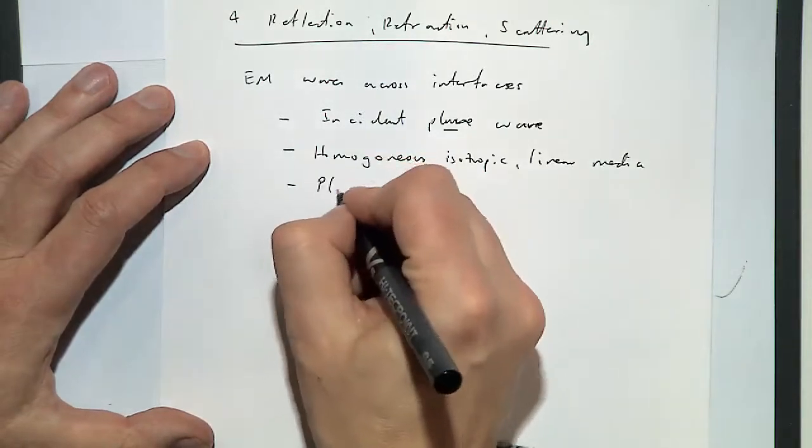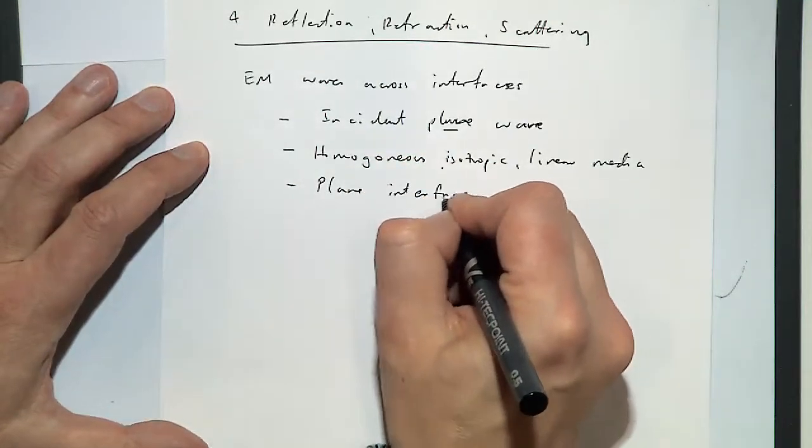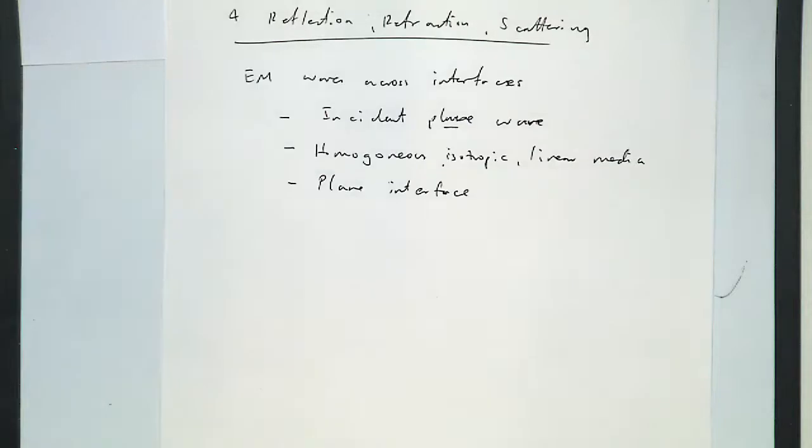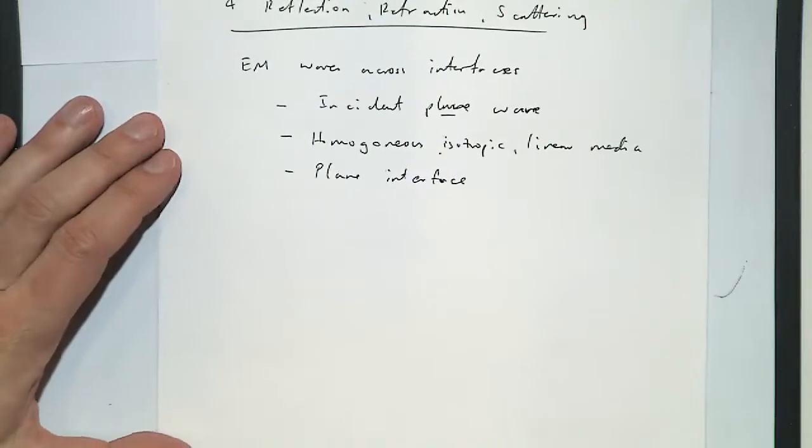And we're also going to consider a plane interface, remembering that non-plane interfaces can really be considered as a series of small planes attached together in some way. Okay, that's optics. We're not going to do that. We're considering the strength rather than the focusing.